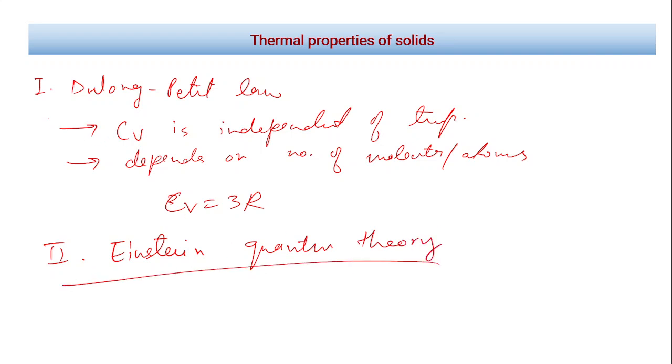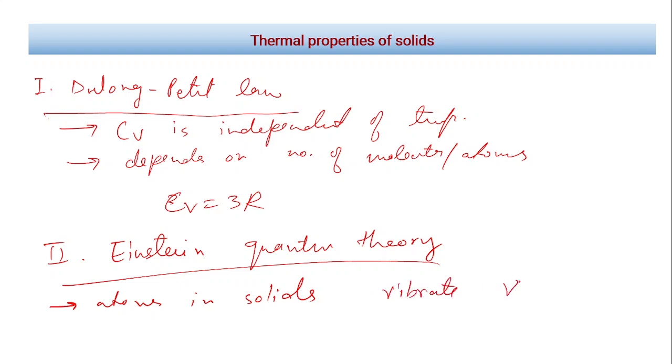Under this, what were the assumptions? That atoms in solids, or any material we are talking about, vibrate with some frequency nu, like a harmonic oscillator, and all the atoms or molecules, whatever particles are there, are vibrating independently. None of them are interacting with each other.